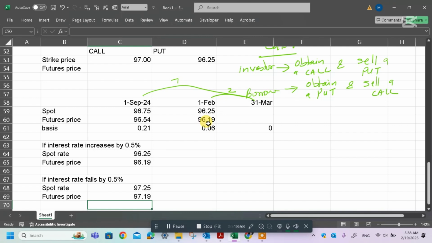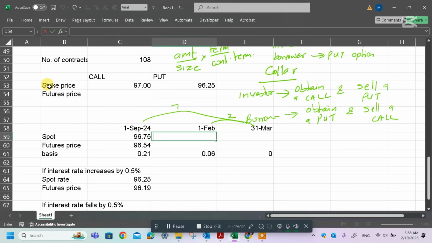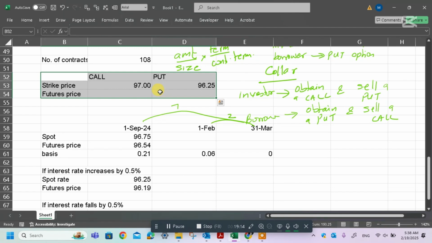Am I clear? So for each case we have to do it. Because there are two cases, I am taking one by one. This can be 96.25 or it can be 97.25 depending on two scenarios. So let me take this working down here.